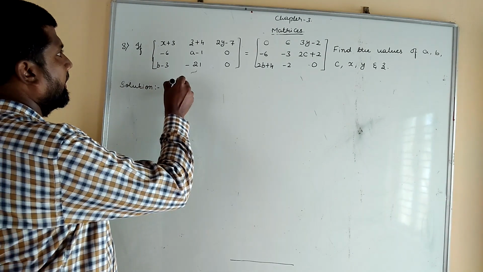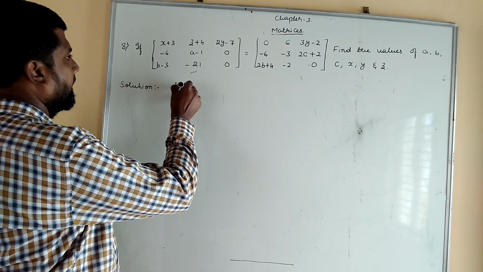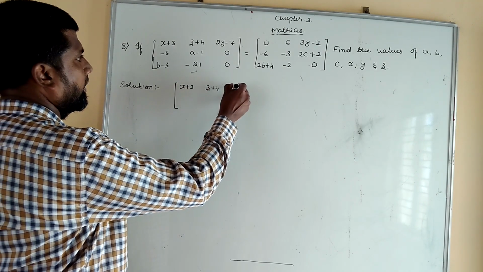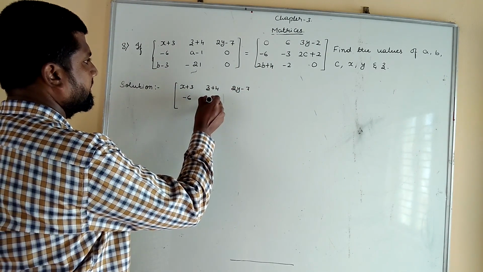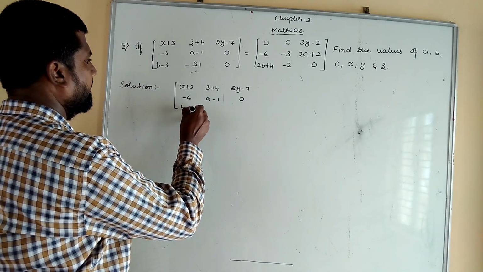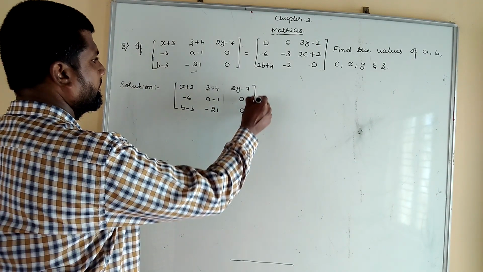Solution. Let us take the matrices: x plus 3, z plus 4, 2y minus 7; minus 6, a minus 1, 0; b minus 3, minus 21, 0.